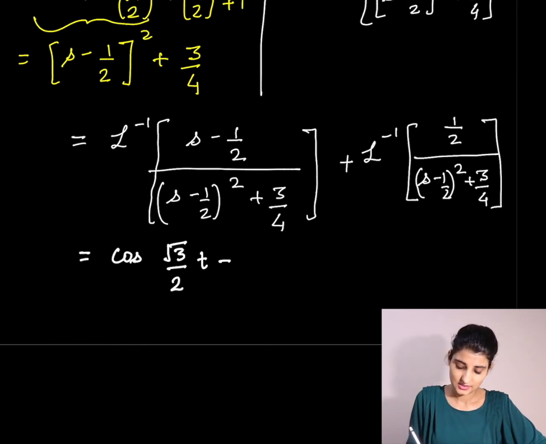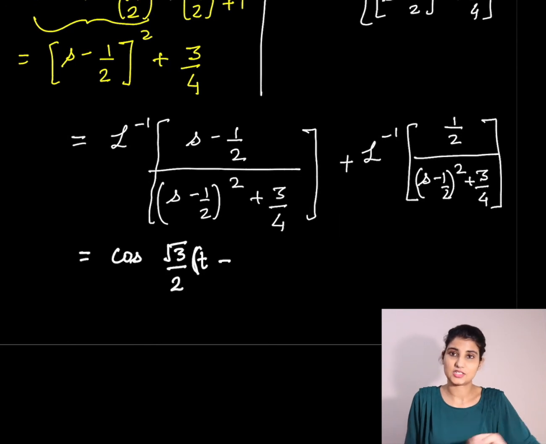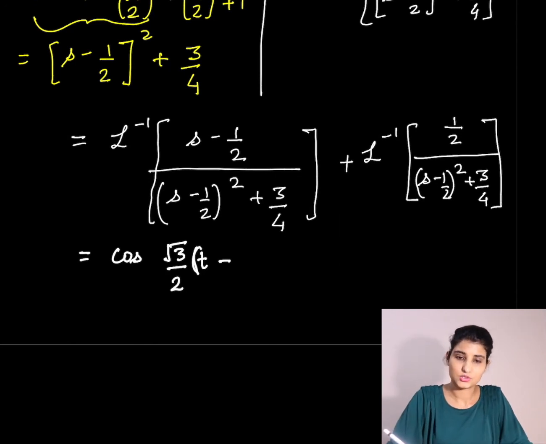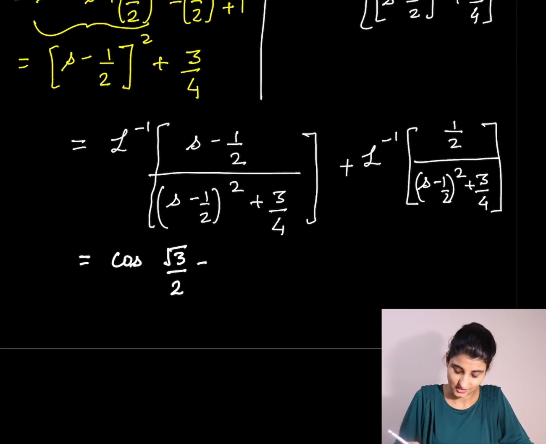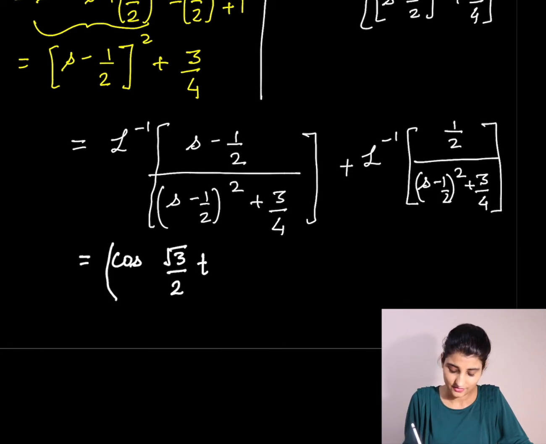If there is a shift, we multiply the function by e power that shift. So we multiply the function by e power 1/2 t.